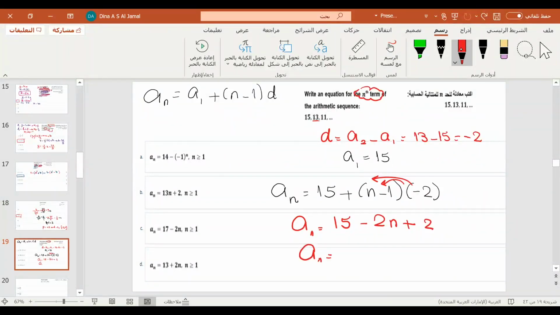An is equal to 17 minus 2n, when n is bigger than or equal 1, which is 17 minus 2n, this. Just see.